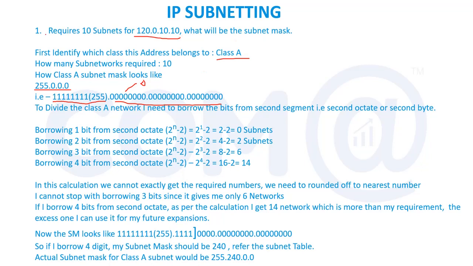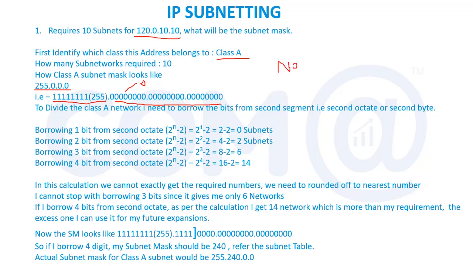Now, for class A, the first portion is the network portion. The rest of the portions are the host portion, because it is net.host.host.host for the class A IP addressing standard we had.